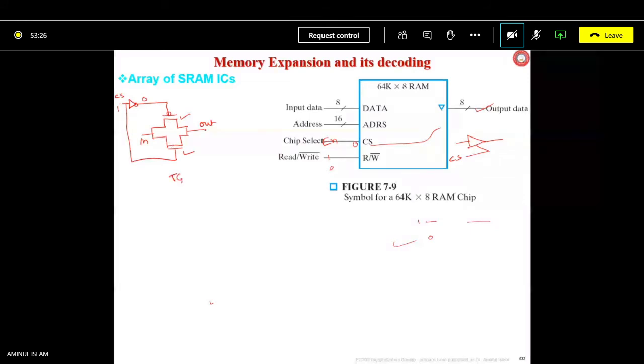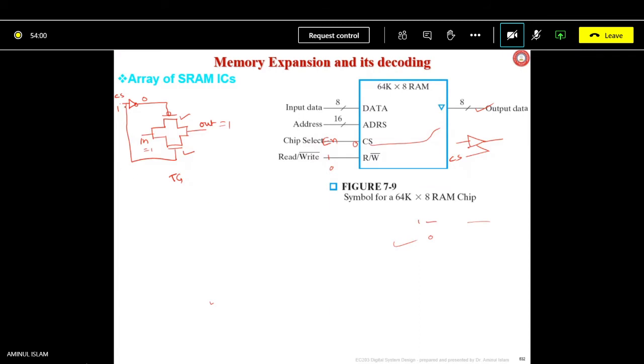So whatever the value of in is, say 1, that will go through this switch and out will also be 1, isn't it? Do we agree or not? The switch is closed, meaning it is conducting, and the MOSFETs are also conducting. Both are conducting, so whatever in is, that will be the out. If in is 0, out is also 0, right?